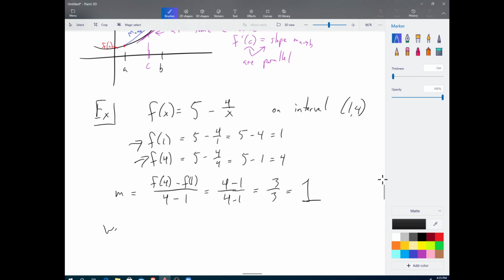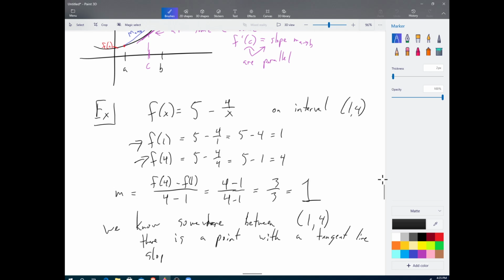So we know somewhere between 1 and 4, there is a point with a tangent line slope equal to 1.